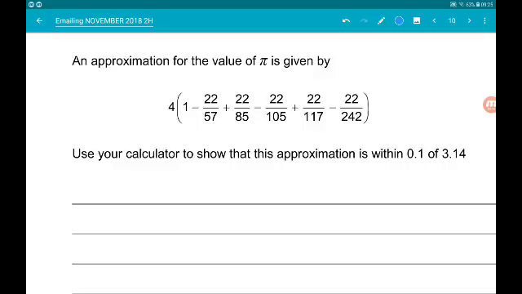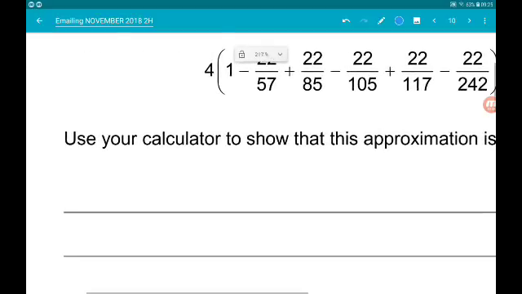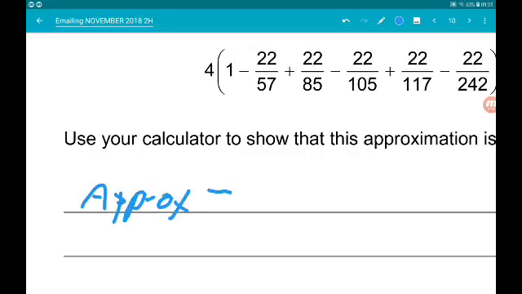Just be careful with the brackets, use the fraction button, then you should get 3.041 blah blah blah. So the approximation is equal to 3.041 blah blah blah.